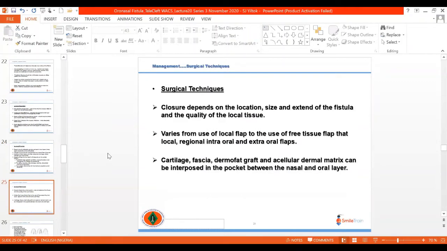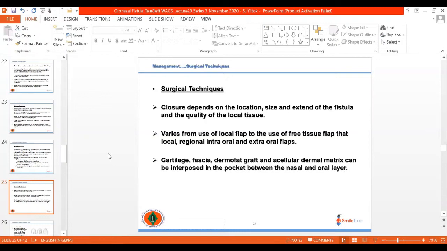The surgical technique usually depends on the location, size, and extent of the fistula and the quality of the local tissue. They vary from the use of local flaps to the use of free tissue flaps, and usually local or regional flaps.